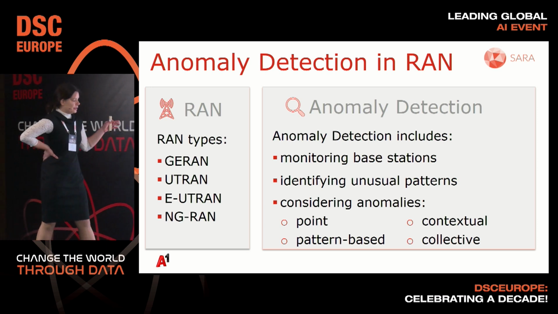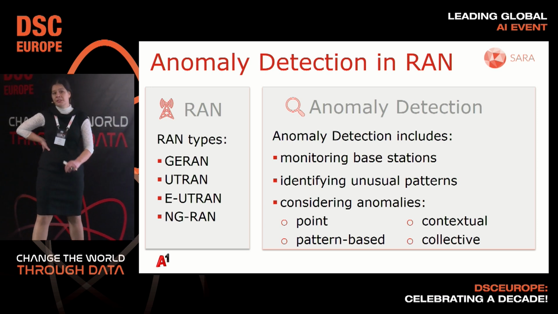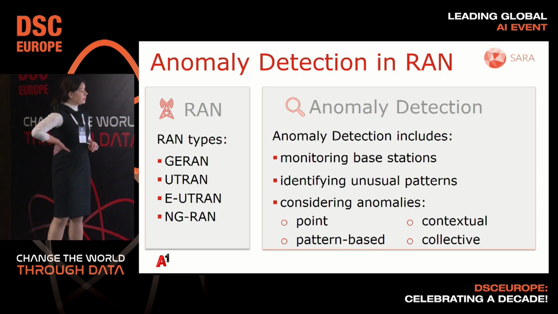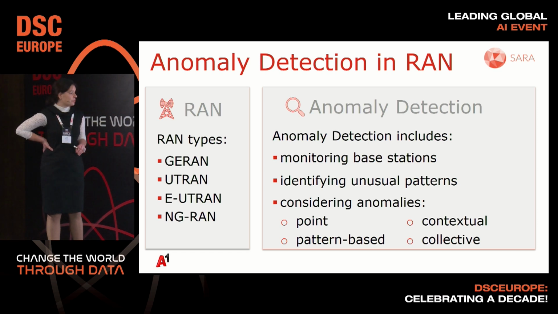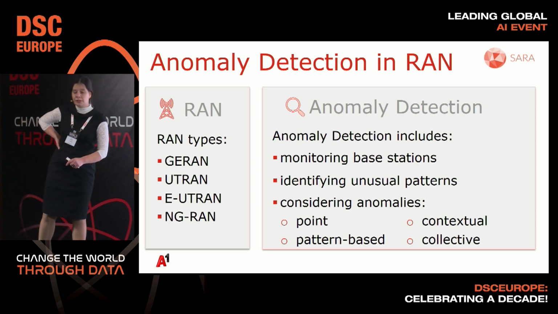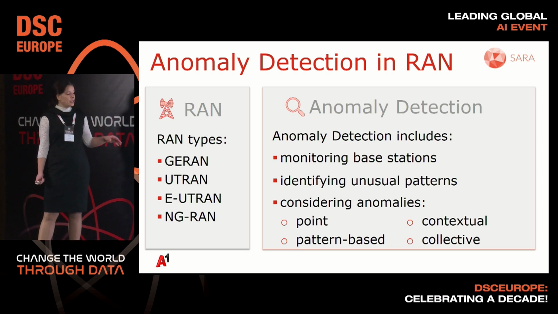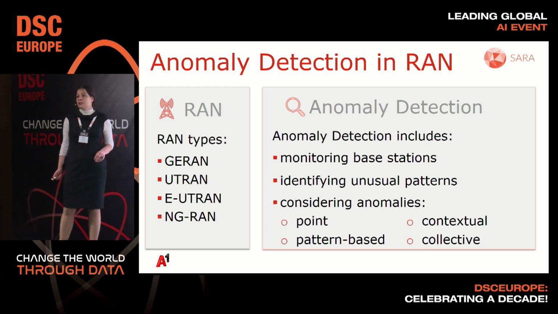A radio access network, or shortly RAN, is an essential part of a mobile cellular network that connects user devices with the core network. There are 4 types of radio access networks, and they go from 2G, GSM, up to 5G NR.